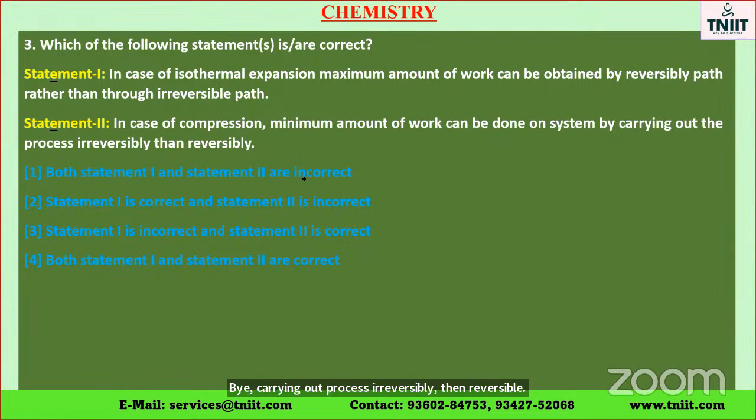Options: both statement 1 and statement 2 are incorrect; statement 1 is correct, statement 2 is incorrect; statement 1 is incorrect, statement 2 is correct; both statement 1 and 2 are correct.